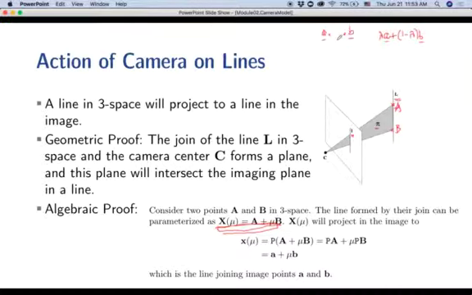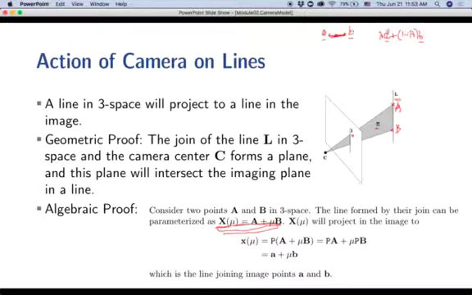Let's say lambda is 0.5. So what will happen? I have 0.5A plus 0.5B, which will be the point right in the middle, right? And if lambda is 0.25, I'm 0.25 of the way toward A and 0.75 toward B, so I'll be somewhere here, right? So I can parameterize the points between these 2 points by choosing a lambda between 0 and 1, and then I can go beyond 0 and 1, and I can move outside the 2 endpoints of the line also.